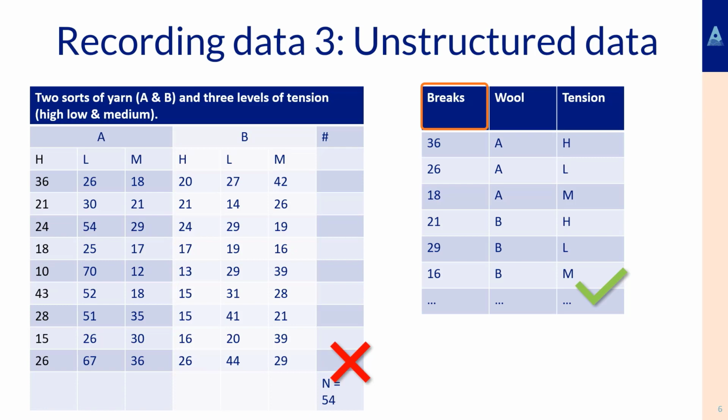It's ratio data starting at 0 to n. The wool type is a nominal variable, A or B, and the tension on the looms is an ordinal variable, high, low or medium. And that's a proper data recording structure for that data. And this will go down for 54 rows.